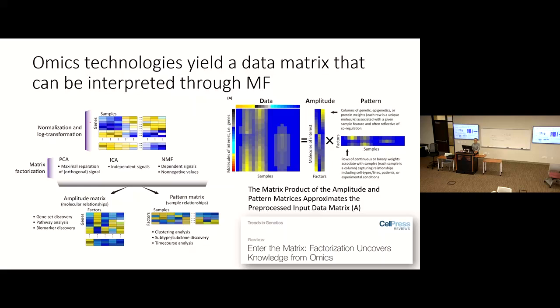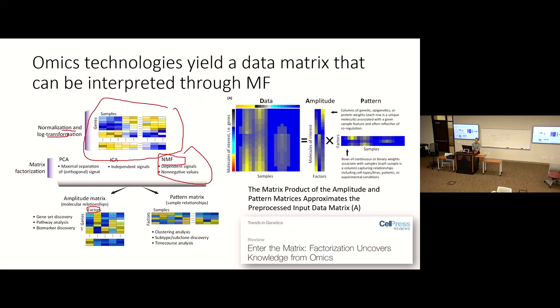If you have a sample matrix which is normalized and transformed, ready to be decomposed, and you use NMF, you get genes and factors. People use different names: here we use factors, components, and they are all largely the same. Meta-gene, whatever you call it.